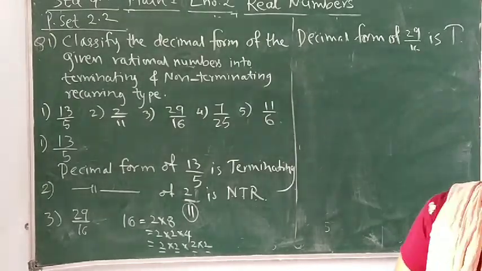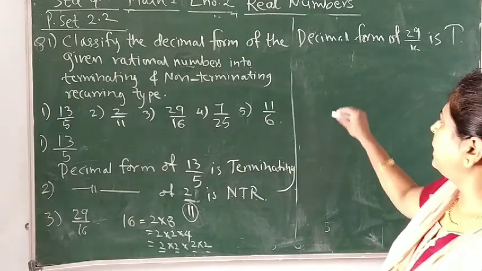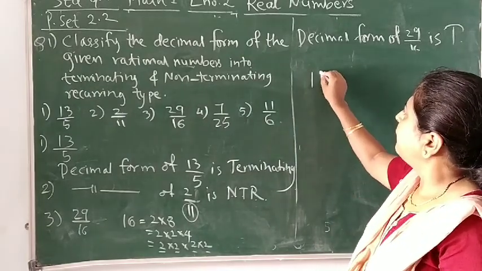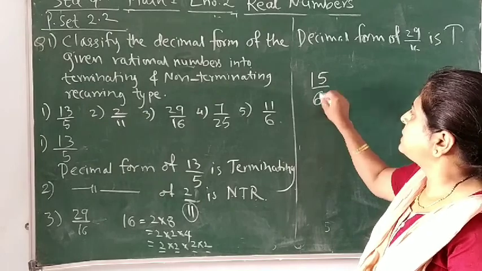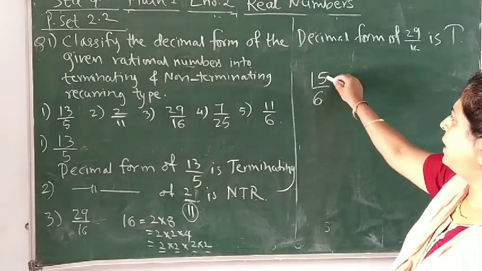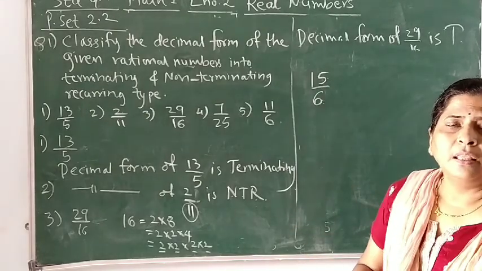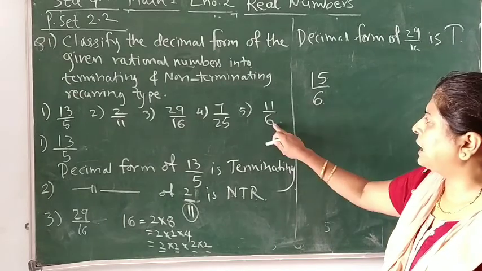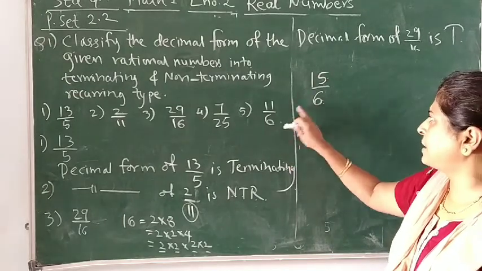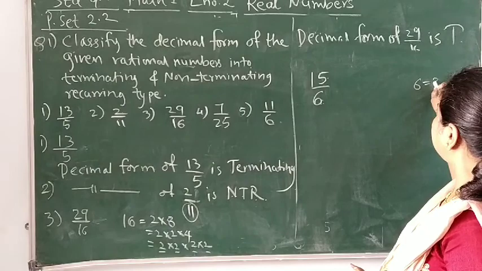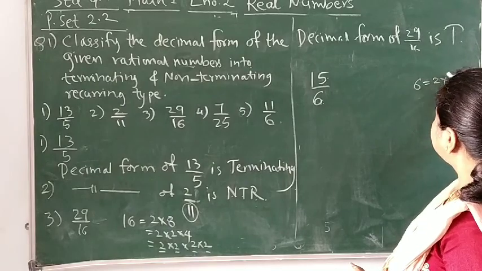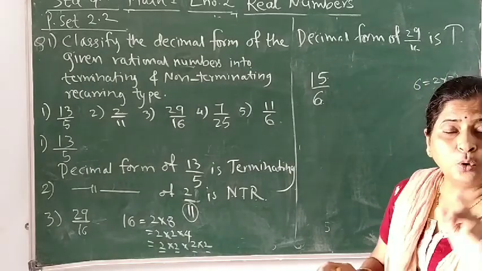But here one more thing we have to be clear about: we should always consider the reduced form. For example, if the given number is 15 upon 6. If you see only the 6, the factors of 6 are 2 3s are, so as it has 3, it is non-terminating. Don't do that.